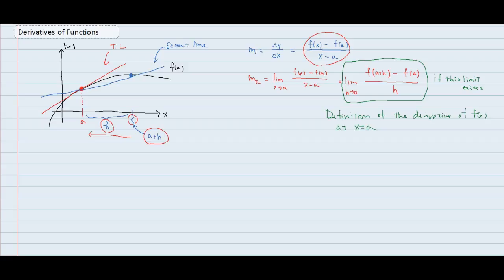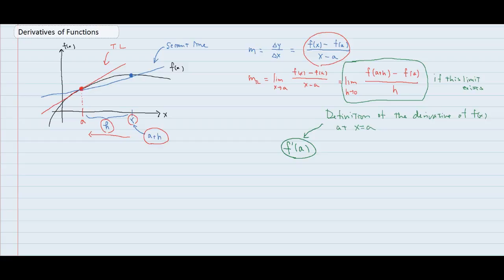And the notation for the derivative is going to be f prime of a. So if you're trying to denote the derivative of the function f of x at some particular value x equals a, you want to use this f prime of a. So you use the apostrophe there. So that's the notation for that.